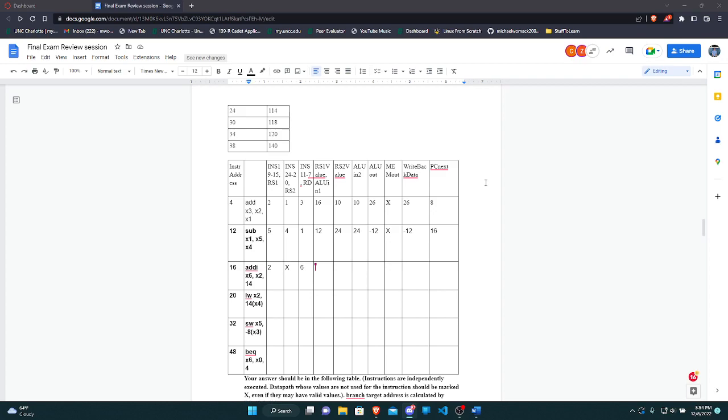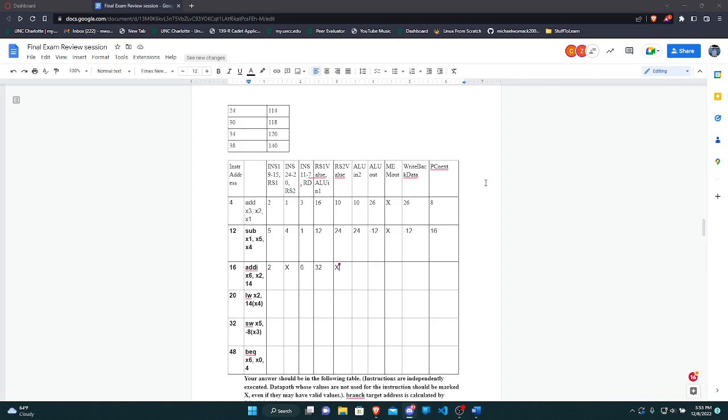So for your RS1 value, that's when we look in the table for RS1. In this case, when we go up, that is going to equal 32. And then the RS2 value, we don't have an RS2 value here.